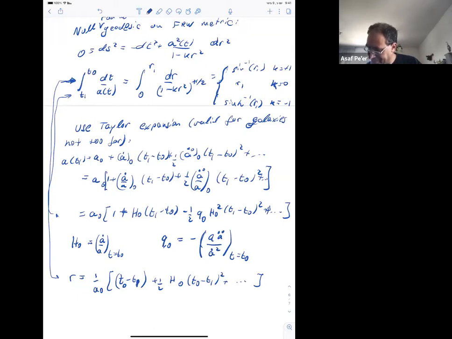Do you see that? I just, again, use a Taylor expansion. I get the 1 over A0 times 1 plus H0 (T1 minus T0). So I just plug it into the integral. I only use these first two terms really. Put it in the denominator of the integral. 1 over A0 goes out. I have integral of dt over 1 minus H0 (T1 minus T0), integral of dt of that. That's how I get back to this equation here.